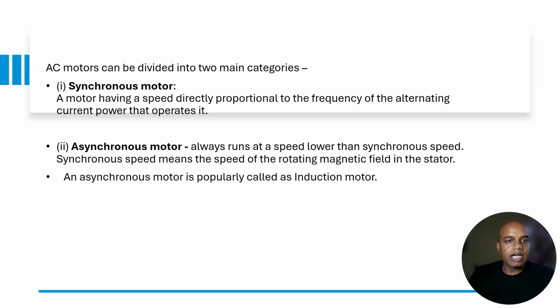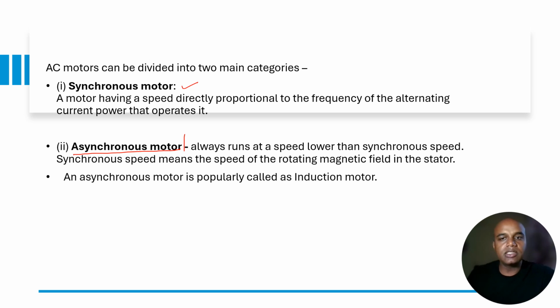The induction motor is also called the asynchronous motor. This name is given because it always lags behind the synchronous speed, or in other words, it does not run at the synchronous speed. Whereas the other variant of the AC motor, the synchronous motor, always runs at the synchronous speed.